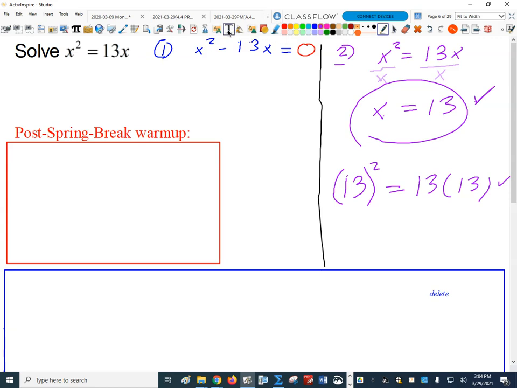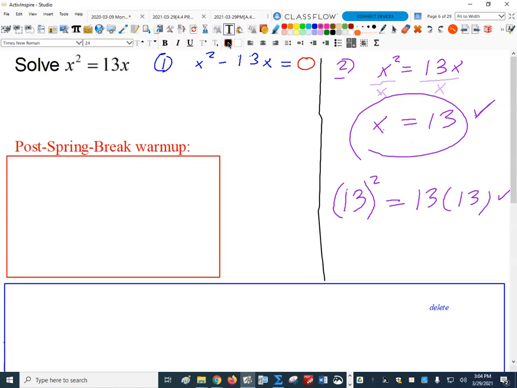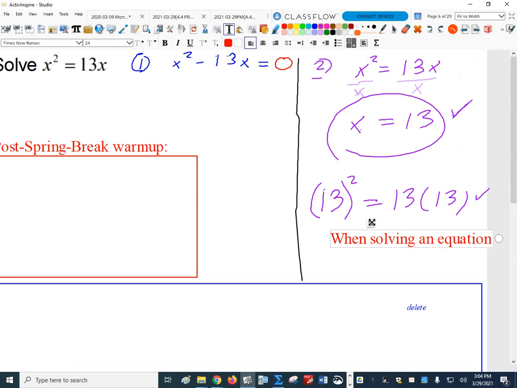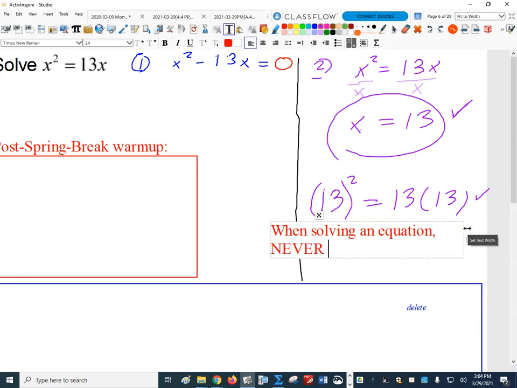Here's why. I'm going to type this because I'll never be able to write it up here. Because when solving an equation, never divide both sides by a variable.